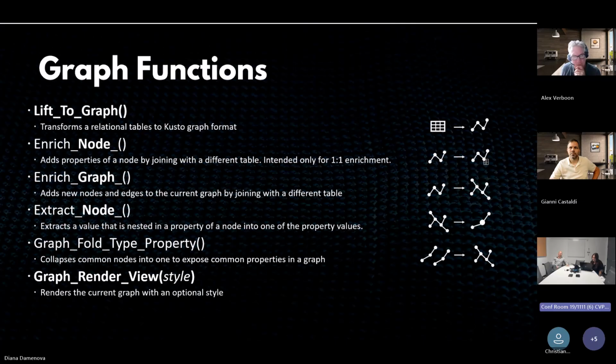the enrich node. Enrich graph is a bit more flexible, but needs a bit more work on the user side of that function. And now you can join anything you like as more nodes and more edges. Again, a new relational table that is joined on the current graph table, and the result is still a graph. But now you have input parameters, yet another JSON, in the same format as in lift to graph, that models the new information. You do not need to model everything, just the things that you've added.